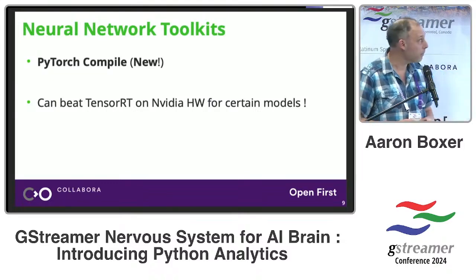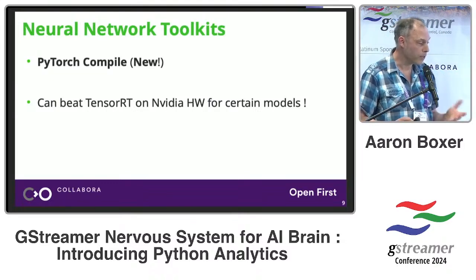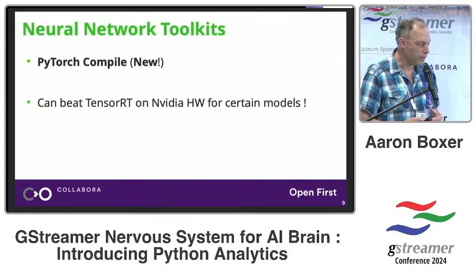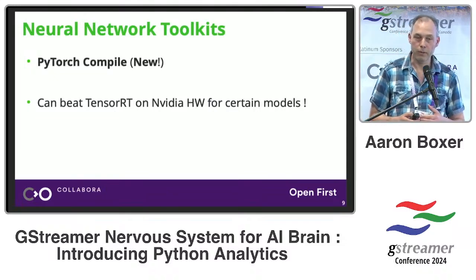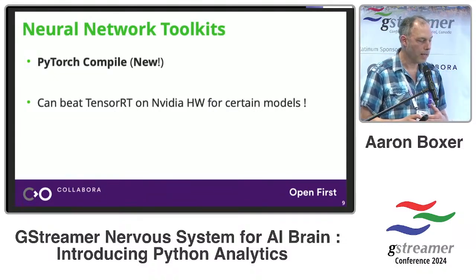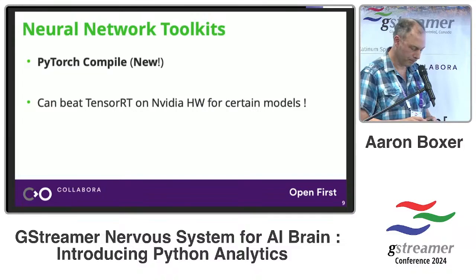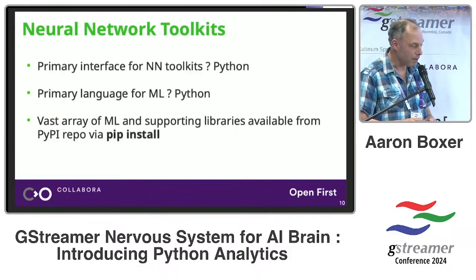So, for example, TensorRT is NVIDIA's real-time interface, and for certain models, compile will beat TensorRT on NVIDIA hardware, which is quite astonishing. And you get all this functionality just by calling torch.compile on the model. So that's exciting.